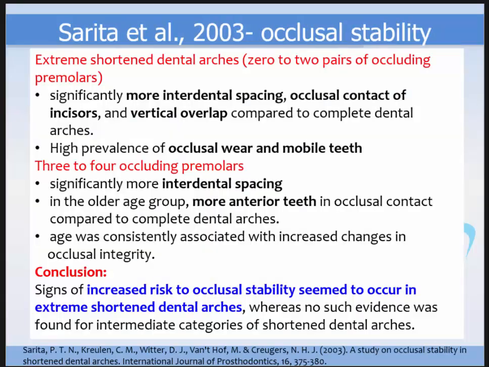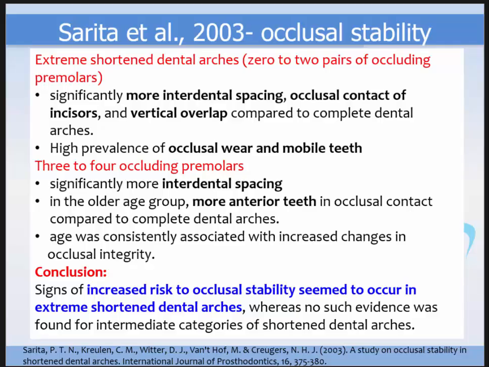Again, this shortened dental arch is just a concept. It's what the WHO or the researchers propose, that it could be okay to keep the teeth from premolar to premolar, and this especially works for elderly patients.